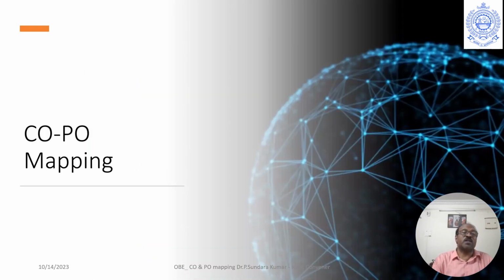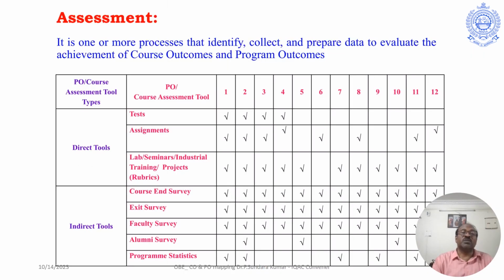Let me explain CO-PO mapping in a very simple way. As the slide shows, POs 1 to 12 are the POs, and here are the POs and COs. For course assessment tools, there are two methods: one is direct tools and the second one is indirect tools. You should know all these things.